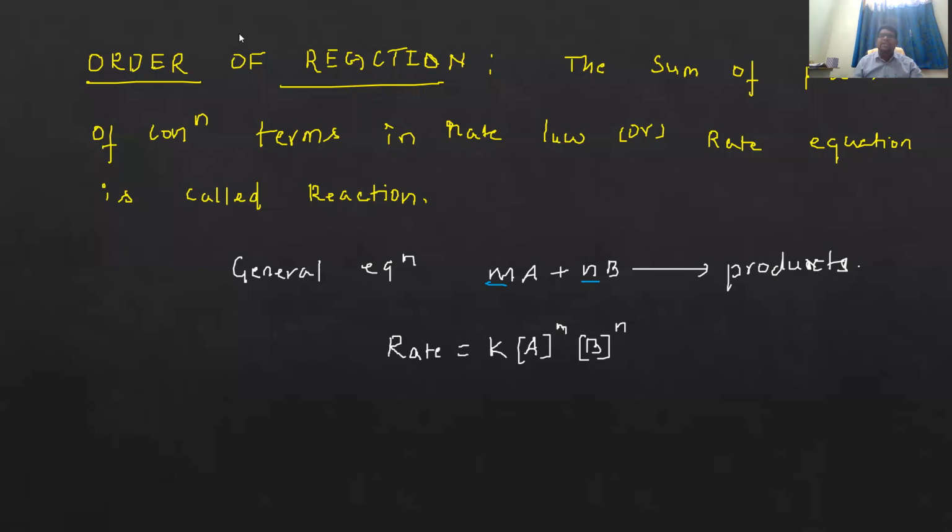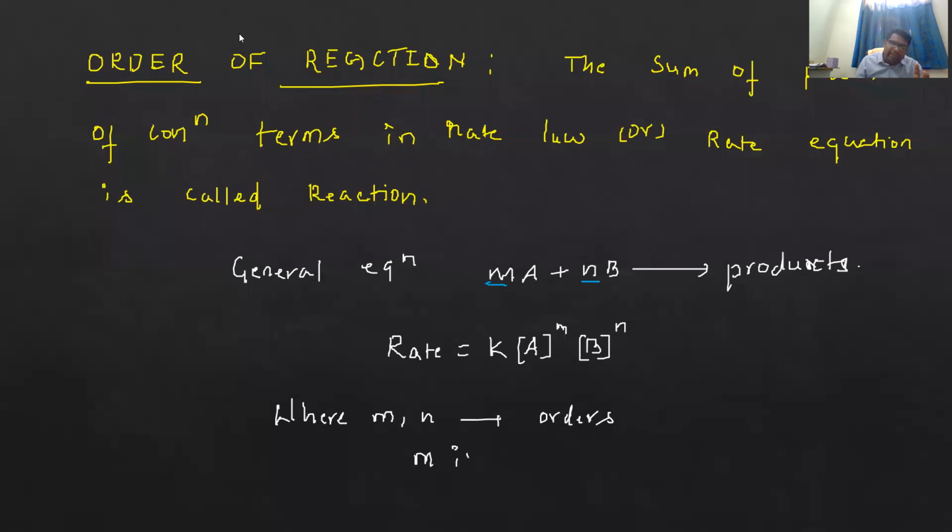For mA plus nB with respect to product, its rate is K into concentration of A power m into concentration of B power n. Here in this rate equation, m and n are the orders.